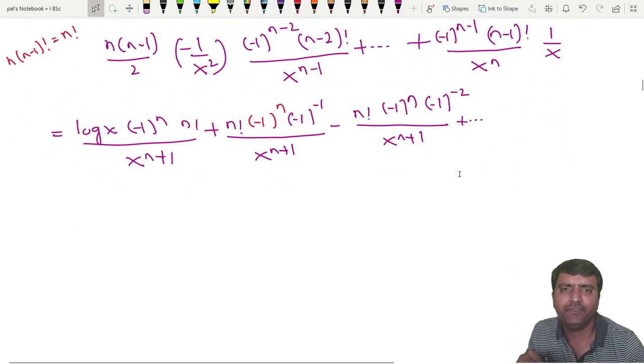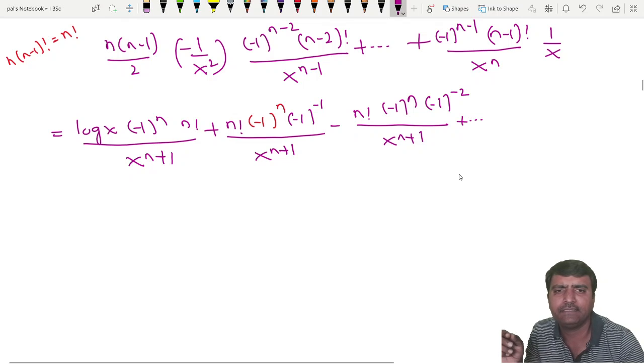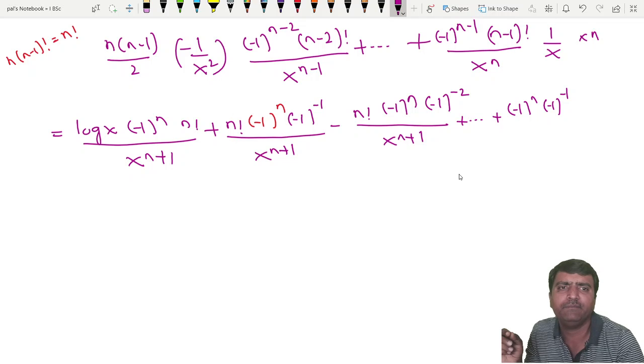In the last term we have plus, you can write minus 1 to the power n minus 1 as minus 1 to the power n into minus 1 to the power minus 1. Here you multiply and divide by n, because now n into n minus 1 factorial can be written as n factorial.